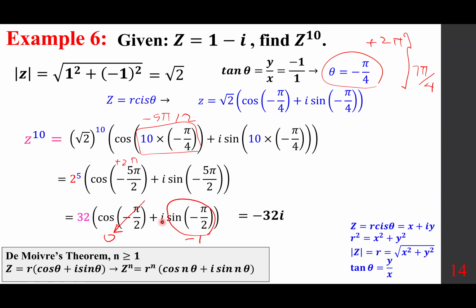So I hope you realize how fast we could raise this to the power of 10 using the polar format. And that's really the idea, the key.